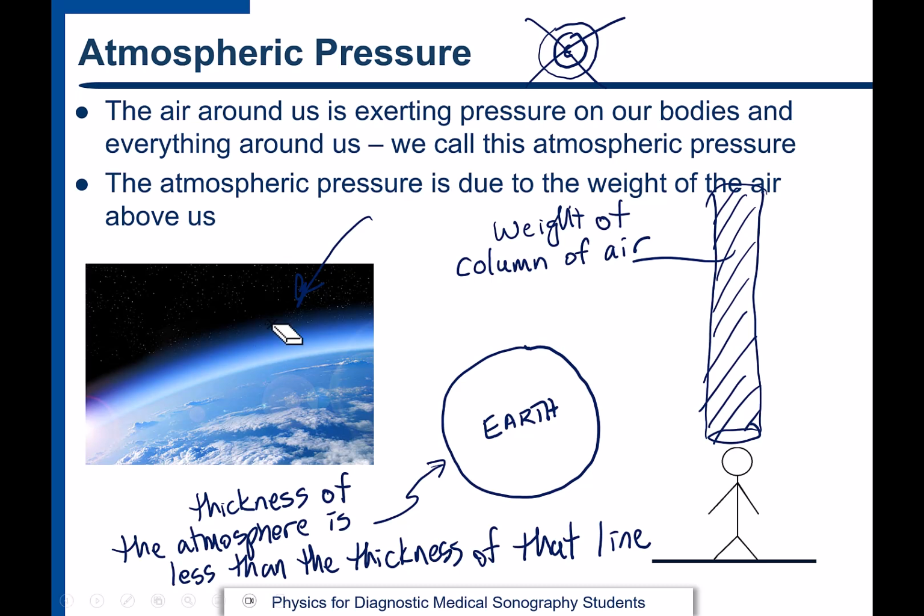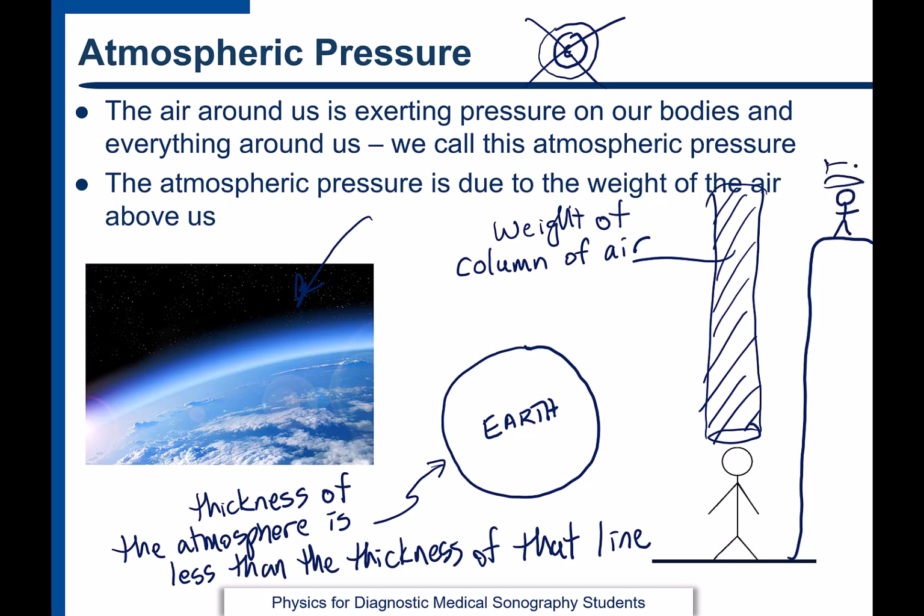So what is the atmospheric pressure at the surface of the Earth? It's 1 atm. So 1 atmosphere is the pressure at sea level. Now, you can imagine if you go up to a tall mountain, so let's say instead of being here at sea level, you're now way up here on the top of Mount Everest.